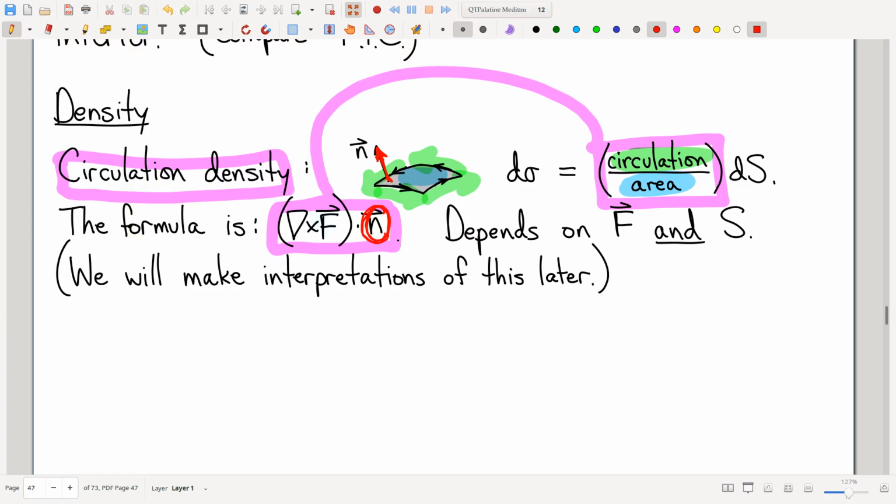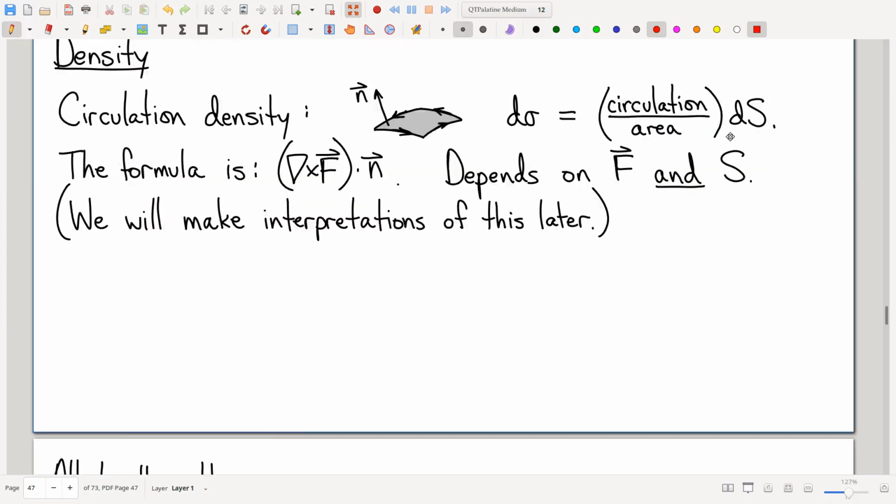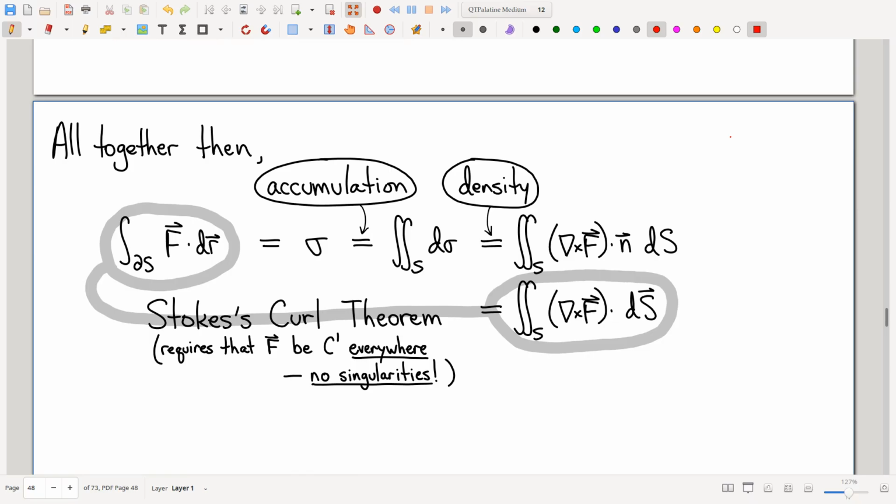Okay. All right, and then it's all over but the shouting, and we put all the pieces together in pretty much the same way that we have several other times. First, we start with the idea that we can think of boundary circulation as a quantity defined on surfaces. Now, again, this is a little counterintuitive. It's tempting to say, this is a line integral. Line integrals are computed on curves.